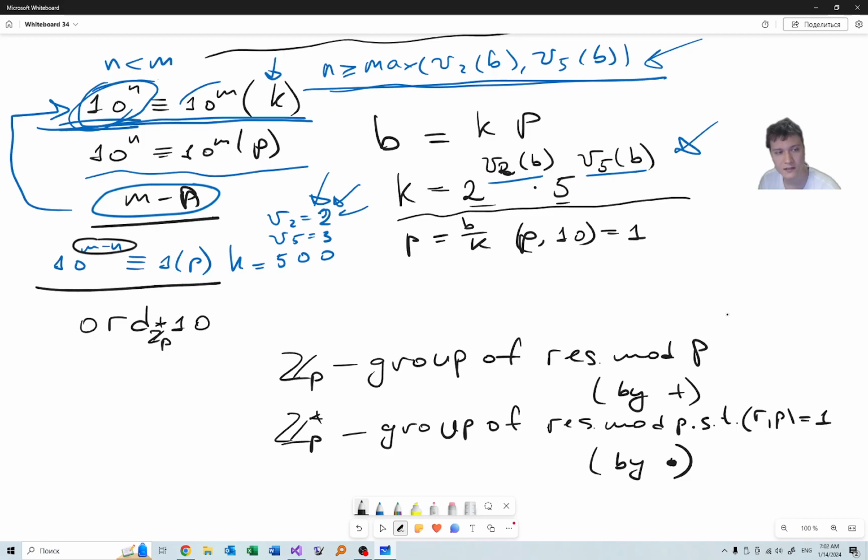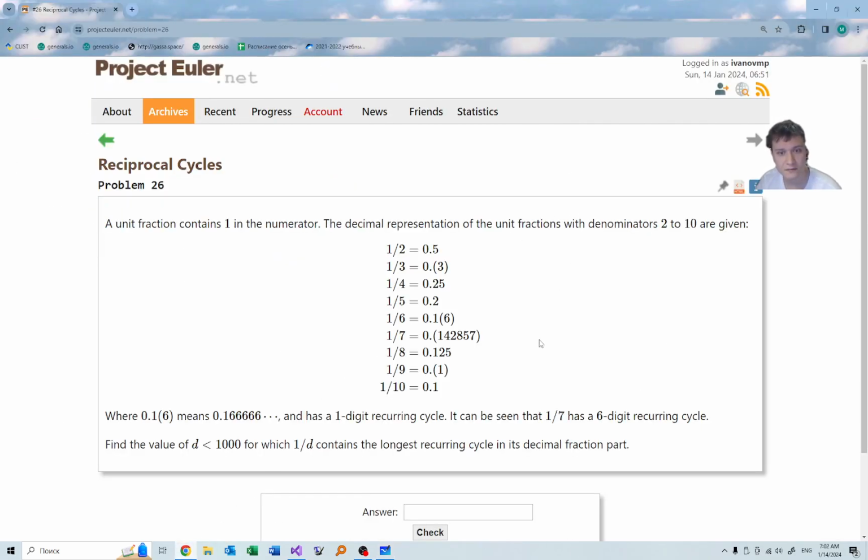So you need to find the minimum number k, sorry, k is reserved, L, such that 10 to the power of L is 1 modulo p. When you find it, it's called the discrete logarithm as well. So if you find it, this is your answer. This is the length of your cyclic part.